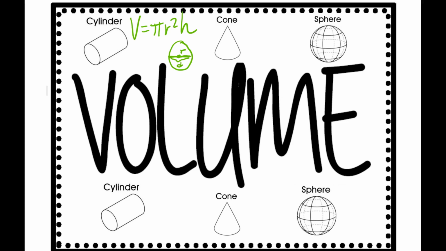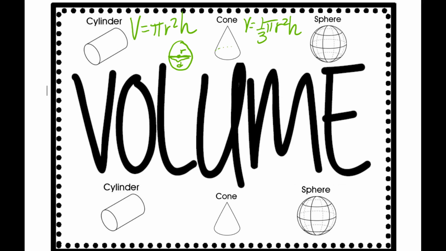All right, the cone, volume of a cone is very similar to the volume of a cylinder. It is 1/3 times pi times r squared times h. Very similar. And we're about to watch a video and see where this formula comes from.